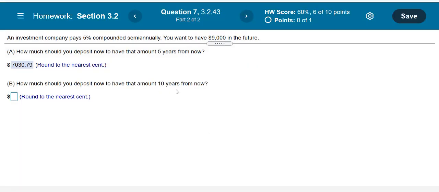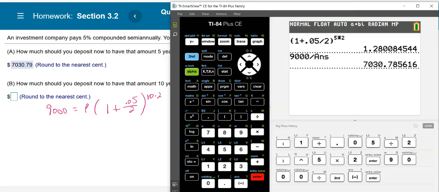The rest of it is asking how much should you deposit now to have that amount in 10 years. So we're going to do the same calculation but change the 5 to a 10. On my calculator, I can use the arrow key to scroll up until the 1 plus 0.05 divided by 2 raised to the 5 times 2 is highlighted.